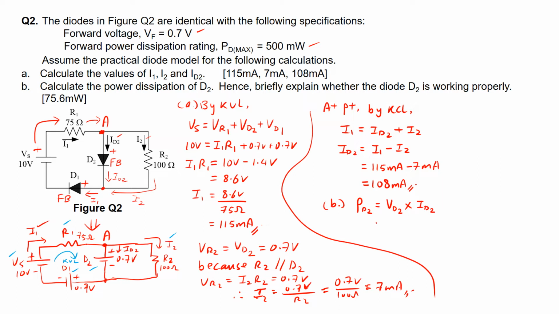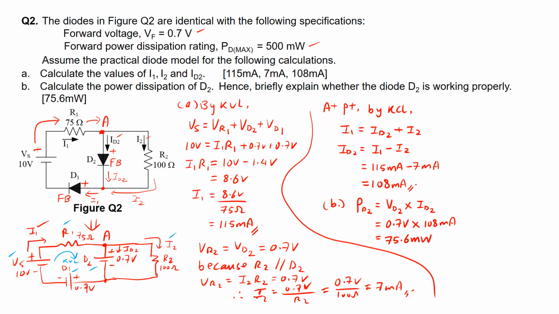Since the diode D2 is forward biased, it has a forward voltage of 0.7 volts. The current passing through the diode D2 is 108 milliamps. Multiplying these gives us an answer of 75.6 milliwatts.